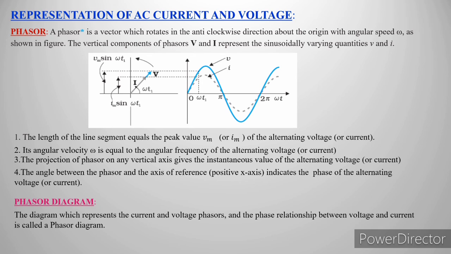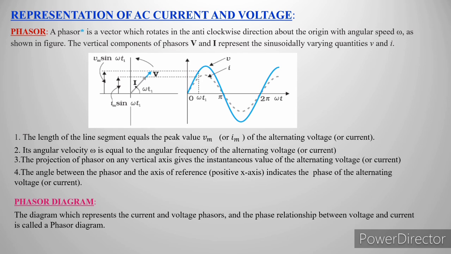And this variation of the voltage and current at various instants of time is represented on the graph shown on the right hand side. Look at the graph. The blue graph is the instantaneous voltage, and the dotted gray graph is the instantaneous current.